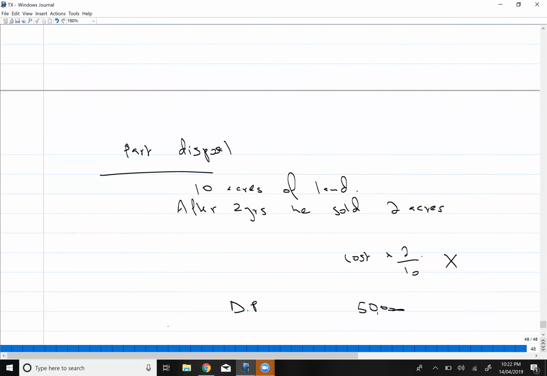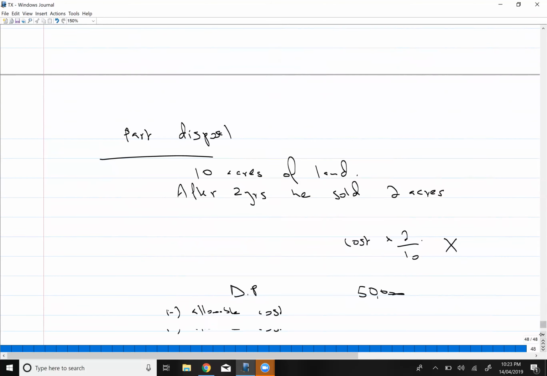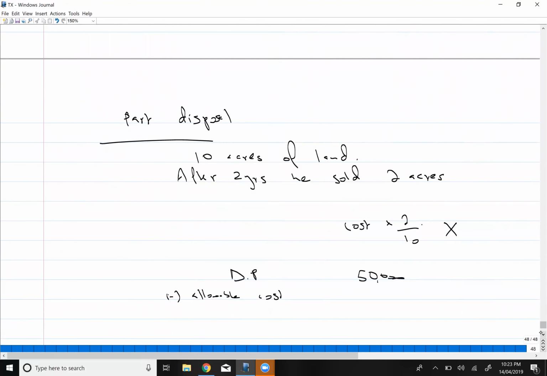Now from this you will minus allowable cost, and obviously any incidental cost, but assuming there's no incidental cost here.